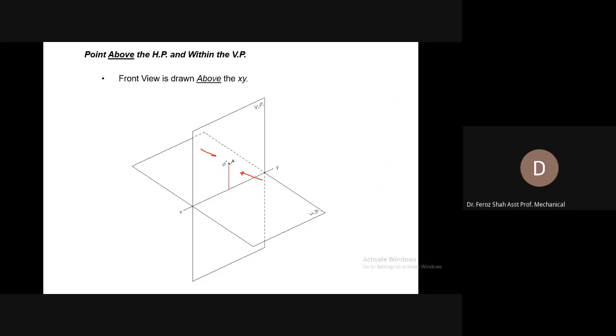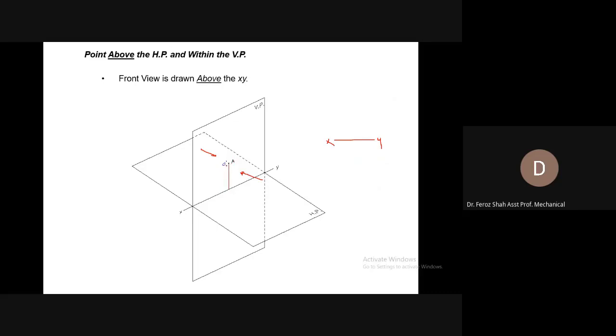As always, the front view is formed at the vertical plane. But you can see that it is still above the XY reference line. So when you draw it on your drawing sheet, you will draw the XY reference line and you will draw the front view above the XY reference line. How much?